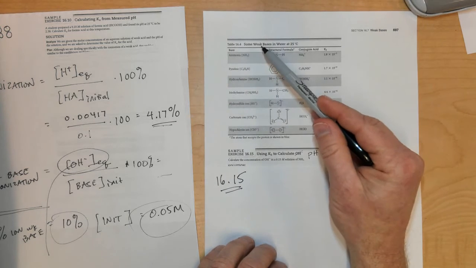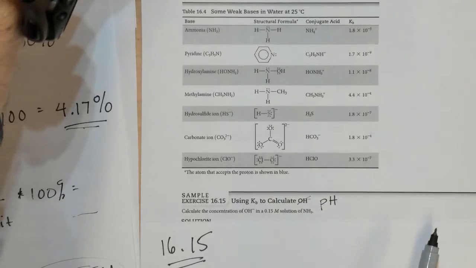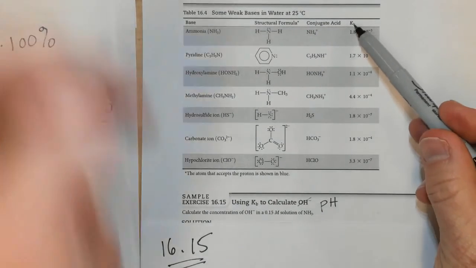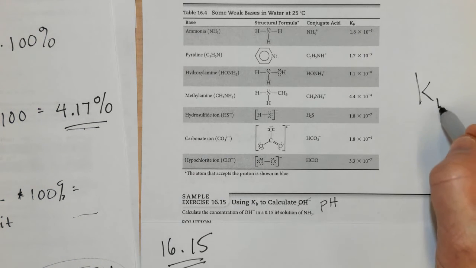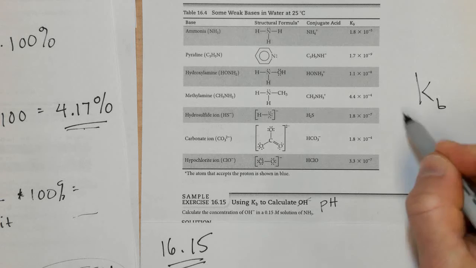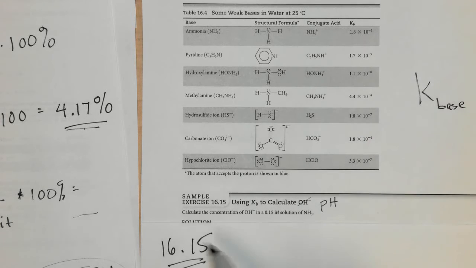It's interesting to look at these weak bases that they give in a table. You can see for the weak bases, they also give an equilibrium constant value, but notice it's called K with a little b down below it. It's not Ka anymore. Now it's called Kb, and of course the b stands for base, right? So it's the equilibrium constant for a weak base.